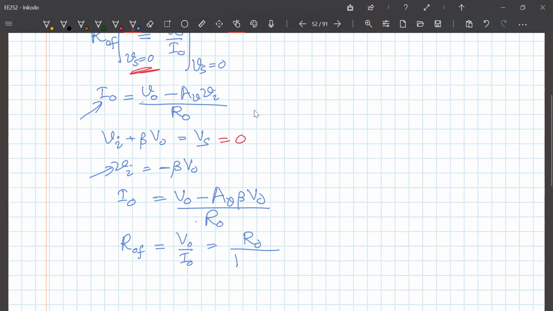I forgot the negative sign: Vi is negative, and that negative times this negative will be positive, so therefore 1 plus beta Av. So R out with feedback is equal to R out divided by 1 plus beta Av.